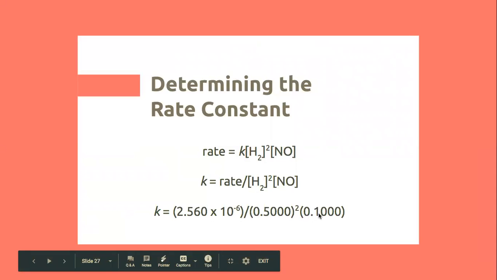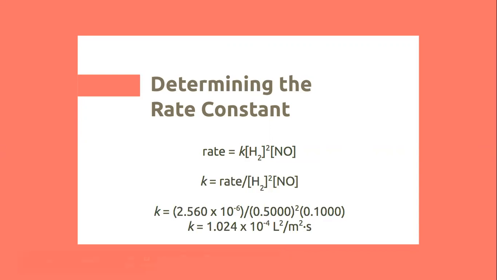Times the concentration of NO, so 0.1000 squared. And when we punch some numbers into a calculator, we find our constant, our K, is 1.024 times 10 to the negative fourth liters squared per mole squared times seconds.